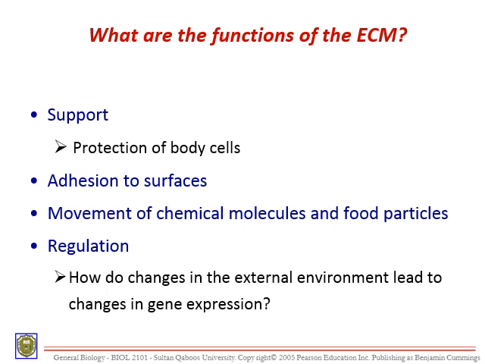That's number one. It acts as an anchor for the cell, just like the function of the cell wall in plant cells, which provides support for plant cells, right? So for animal cells, we have the extracellular matrix, which provides support for the animal cells.